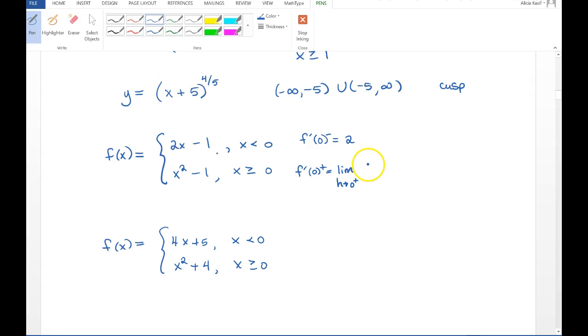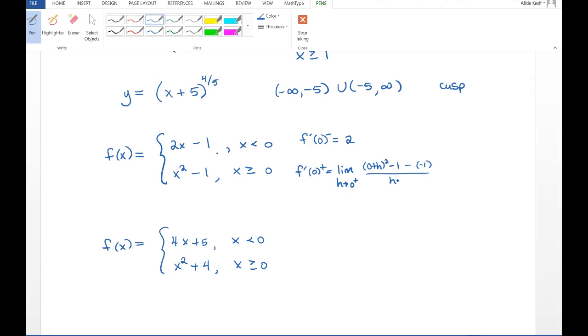It's going to be f of x plus h, our x is 0, so it's going to be 0 plus h squared minus 1, and then minus f of 0, which is negative 1, all over h. I'm just plugging into the f of x plus h minus f of x all over h formula.